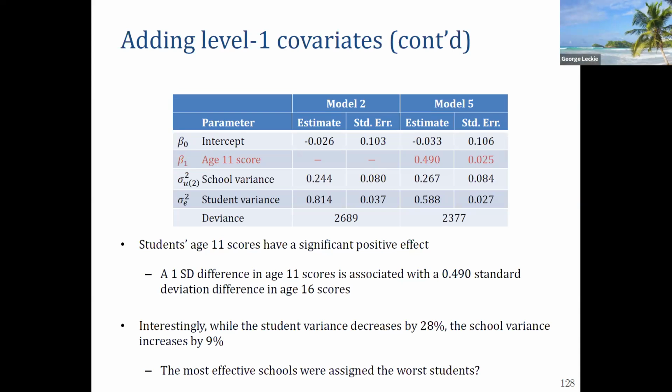But if we look at everyone's outcomes, your outcomes are not going to be as impressive as they should be because you unfairly have the sickest patients, whereas a more junior surgeon will have easier-to-treat patients. So your outcomes look more similar than they should be. You adjust for case mix, whoosh, you pull apart, greater variance. So that's what's happening here: the most effective schools, the best surgeons, have got the sickest patients. That's what it's implying.